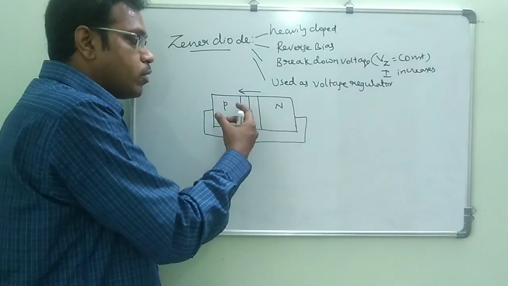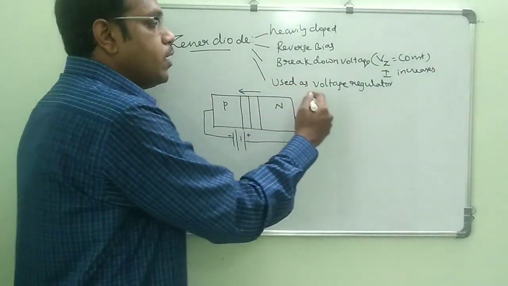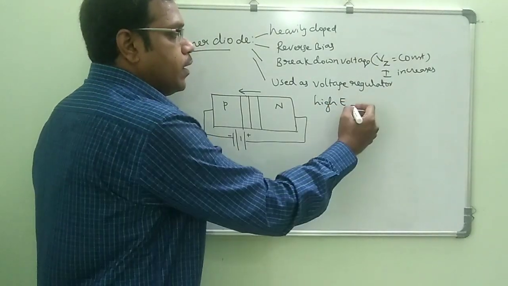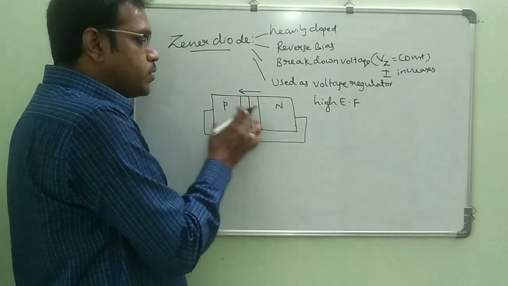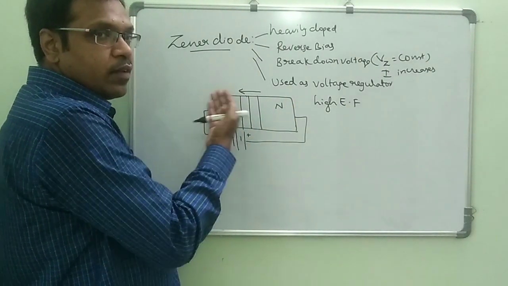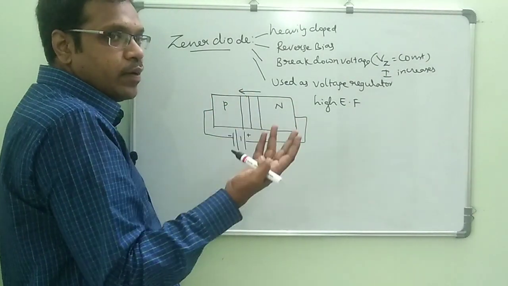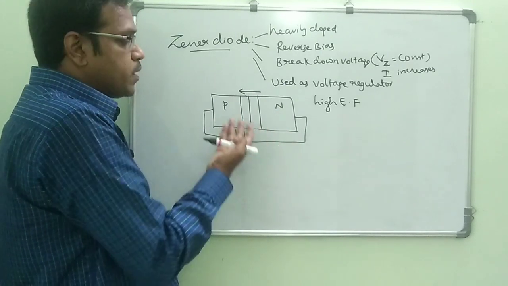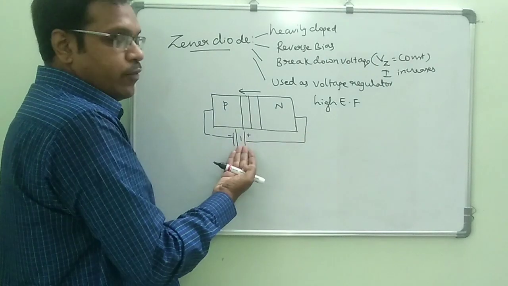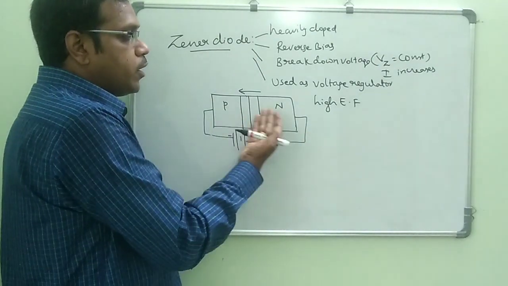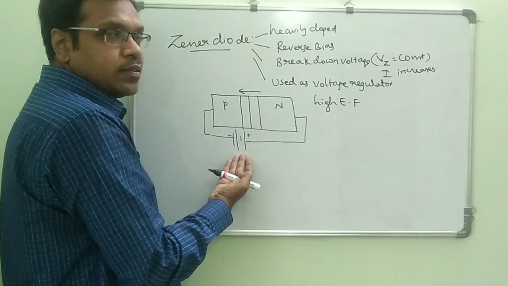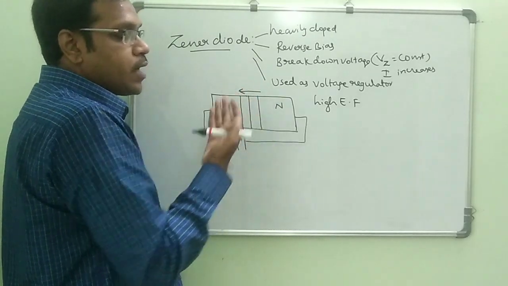How strong does it become? Because of the high electric field, the majority carriers, because of the reverse bias, cannot give any current, since the majority carriers, holes and electrons, are taken to the battery itself. So there is no chance of current from the majority carriers. The current in reverse bias is because of minority charge carriers.